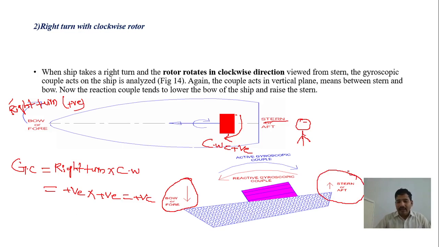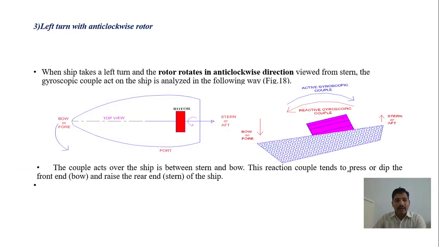Okay, and the third concept we are going to learn. If the ship is taking the left turn, it is considered as negative, and the engine is rotating in which direction here?